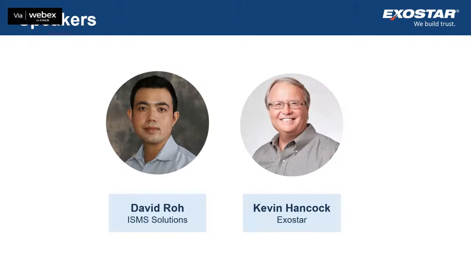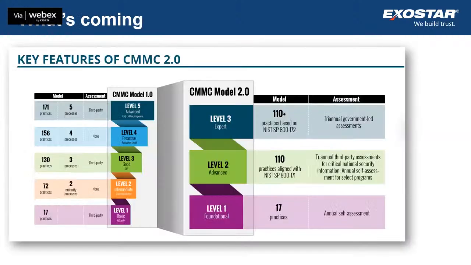Thanks, David. Before I turn it over to David, I just want to level set everybody on where we are in this CMMC journey. If you're thinking about the overall view of CMMC, it's gone through a couple of iterations. We're currently on CMMC 2.0. There are 3 levels within that CMMC model, and CMMC stands for the Cybersecurity Maturity Model Certification. Those 3 levels correspond with the various controls from the National Institute of Standards, right?